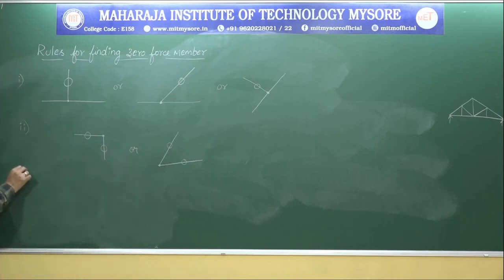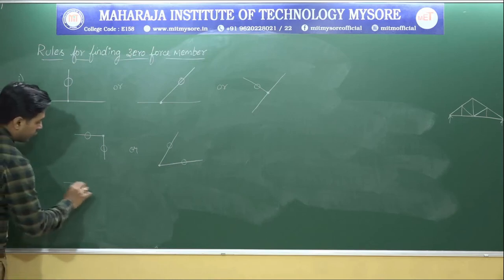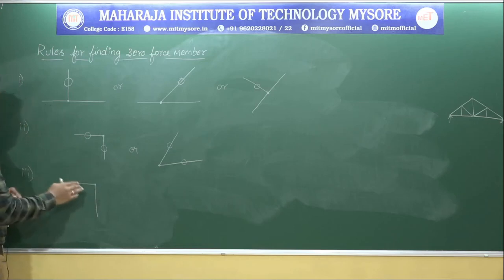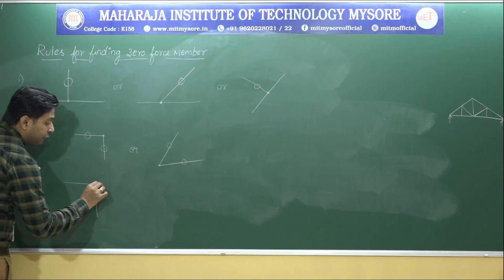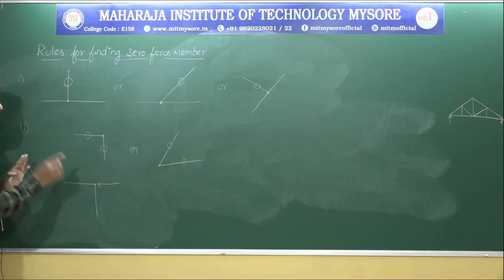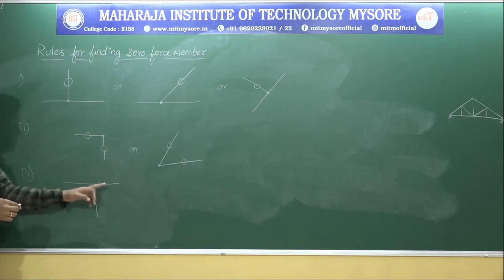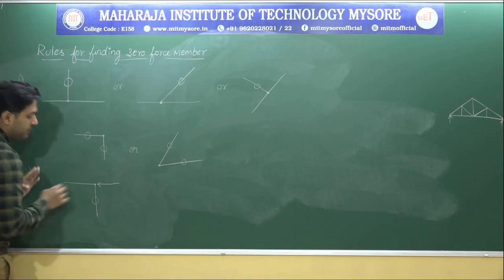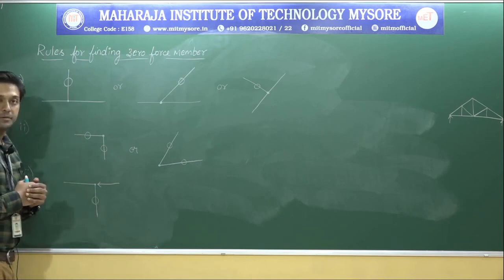Next, there is one more, the third one. Whenever there are 2 members acting at a joint, and an external force is acting along a particular member, then the other member will be a zero force member.